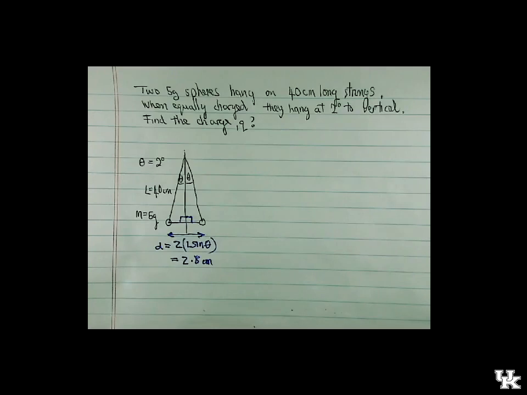The key thing I wanted to add to the picture is an understanding of what's going on in this situation. With these two balls hanging at 2 degrees, the balls are in equilibrium.